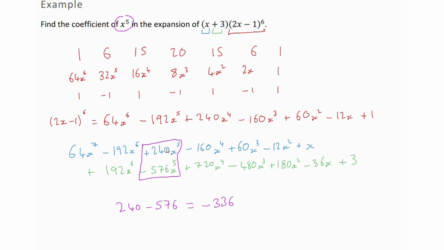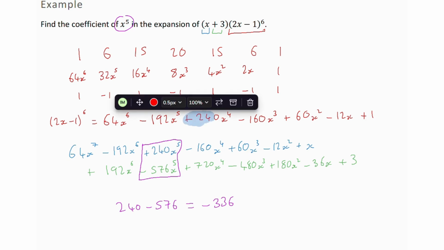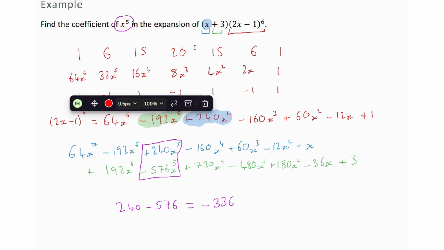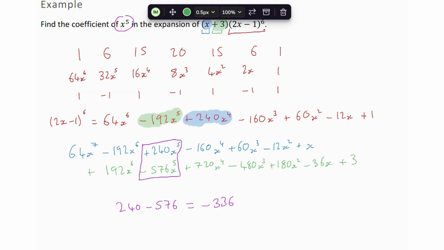Well, this x to the 5 here came from doing the 240x to the power of 4 multiplied by the x. And the minus 576x to the 5 came from doing the minus 192x to the 5 multiplied by the plus 3.